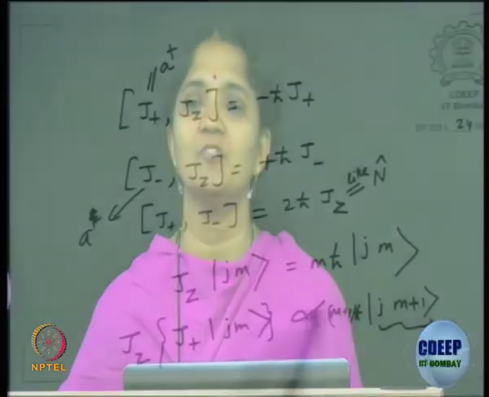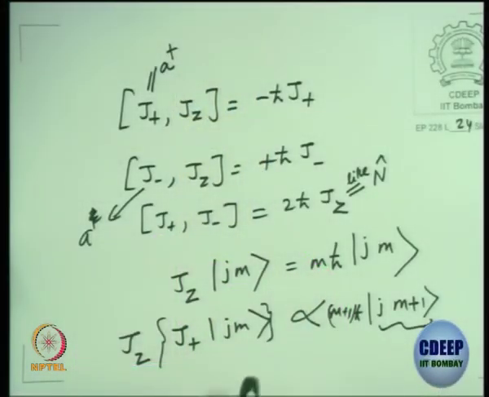I'm just saying that if Jm is an eigenstate given to you, a simultaneous eigenstate of j squared and Jz, I can get the trend of how J plus and J minus operate on it from this algebra. That is all I said. But the coefficient of proportionality has to be fixed, and also the issues that m should go from minus j to plus j, and that j could be integers or half odd integers. All these things are not fixed right now.